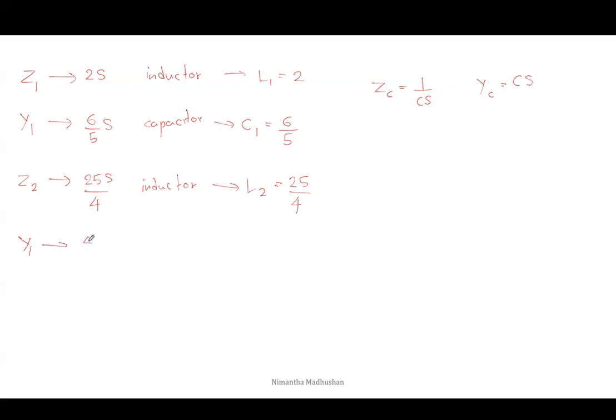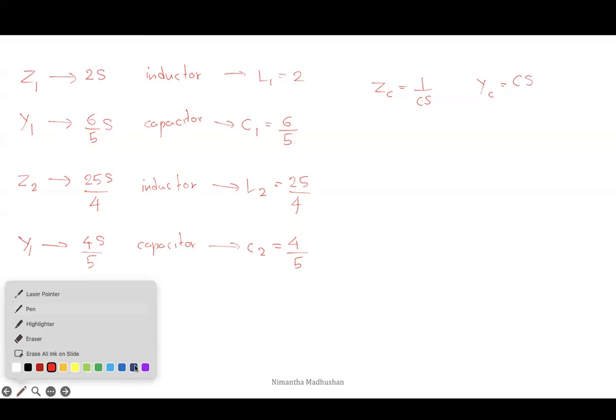The value is 4s over 5. It is a capacitor. C2 value is 4 over 5 according to this admittance value.